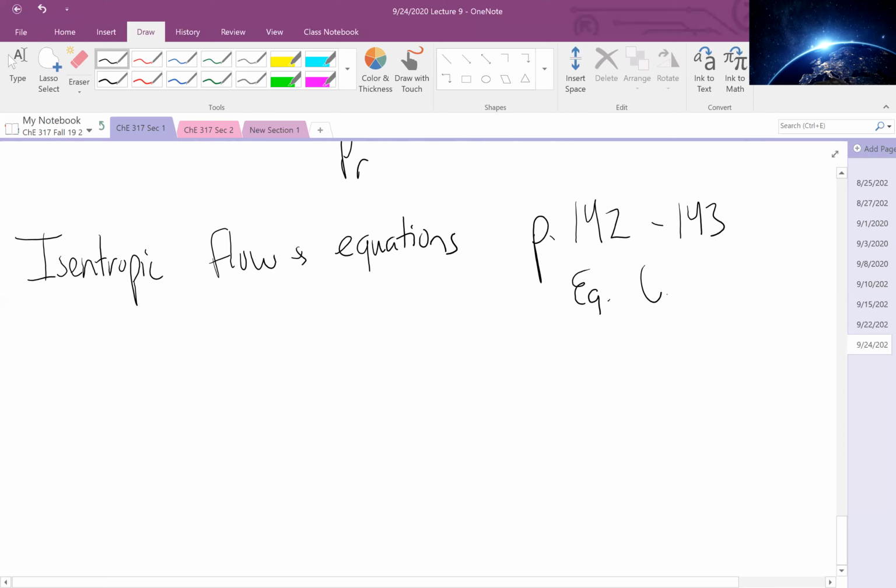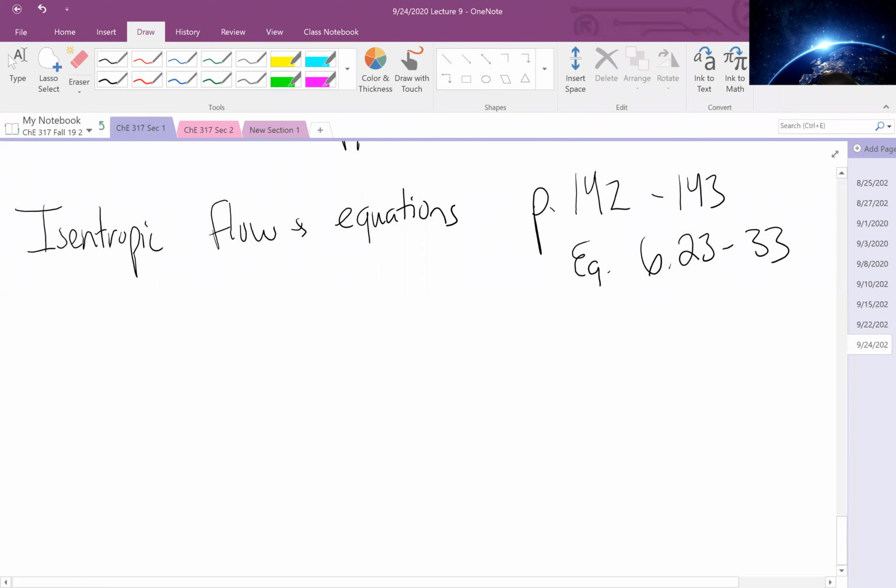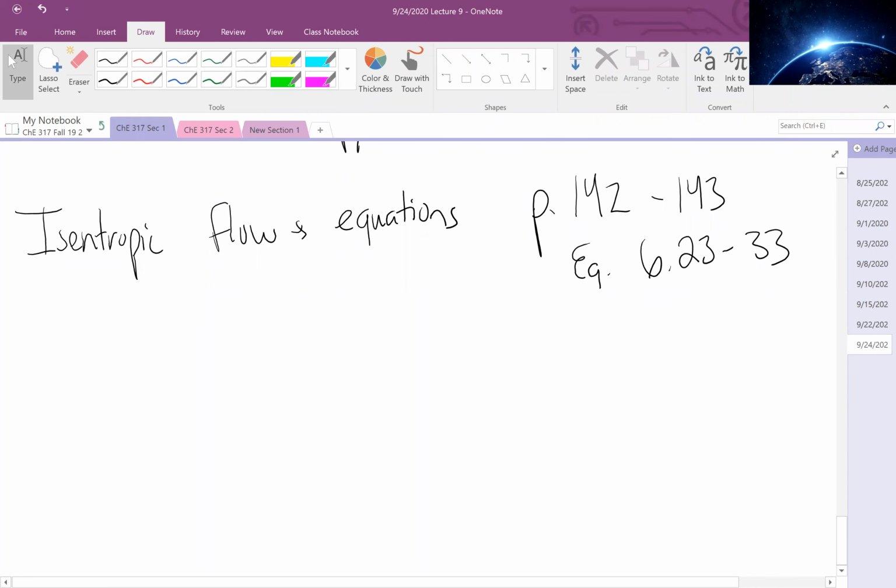These are equations 6.23 through 6.33. And when we're considering flow in these systems, a couple equations rise in terms of importance.